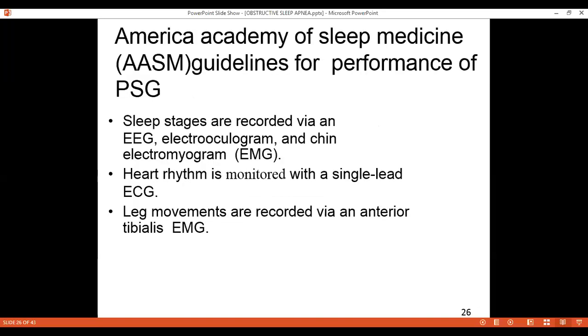American Academy of Sleep Medicine guidelines for performance of polysomnography. Sleep stages are recorded via an EEG or electrooculogram and chin electromyogram. Heart rhythm is monitored with a single lead ECG, and leg movements are recorded via an anterior tibialis EMG.